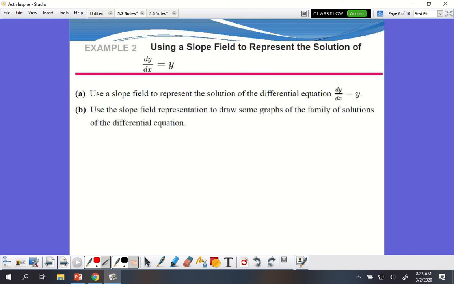divide by y. Okay, so it's going to be 1 over y dy is equal to dx, right? So when I take an integration of that, what is the integration of 1 over y? ln y equals.